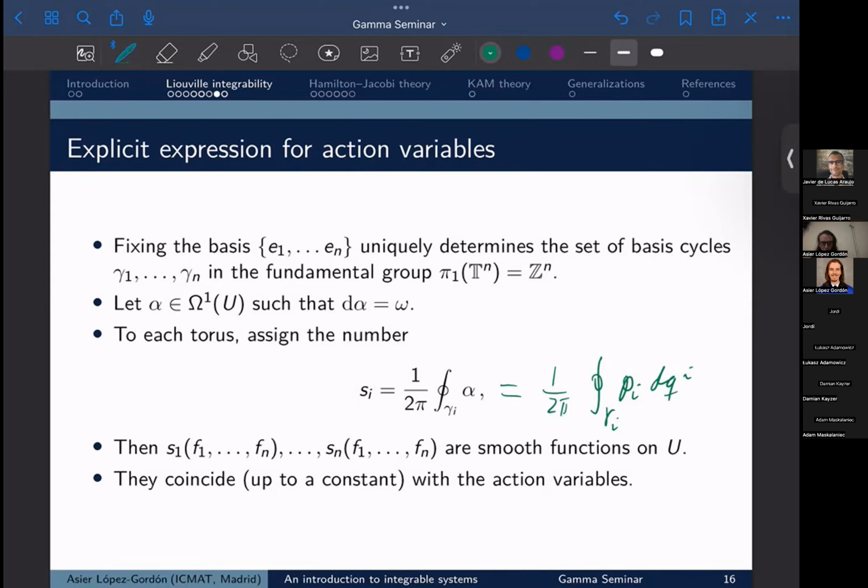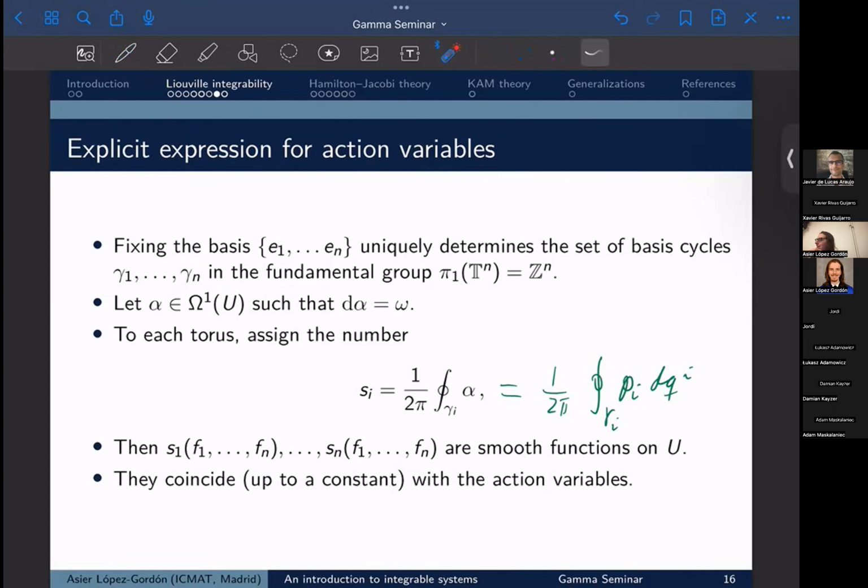Okay. Well, we can show that these functions S_i, up to a constant, coincide with the action variables. By the way, let me comment that I have considered here the Liouville-Arnold theorem only for when M_lambda is compact. This is how it appears in the book by Arnold, but it has been generalized to the non-compact case.